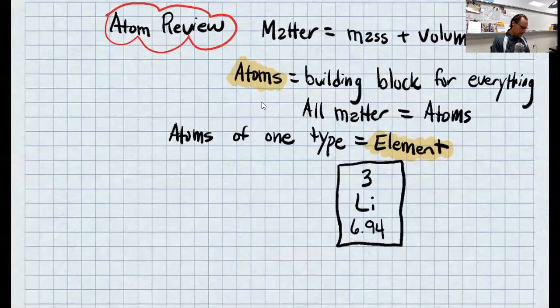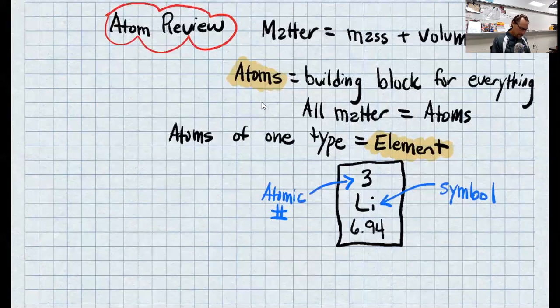So let's go ahead and label those. So, like I said, this first number up here is the atomic number. And then the letters over here are what are called the symbol.